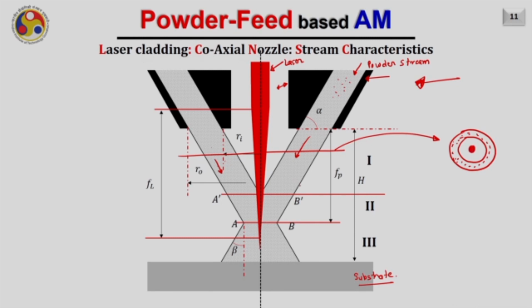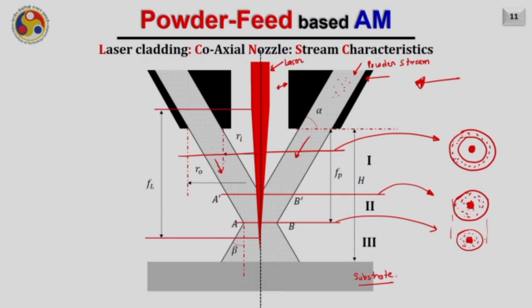Then if you come down further, maybe at this particular location, if I now draw the cross section, it will look something like this. So, this will be the powder everywhere, and the center will be the laser. Further, if we go down, the diameter of the powder stream will further reduce, and it will attain its minimum value, and that is called the focal point.